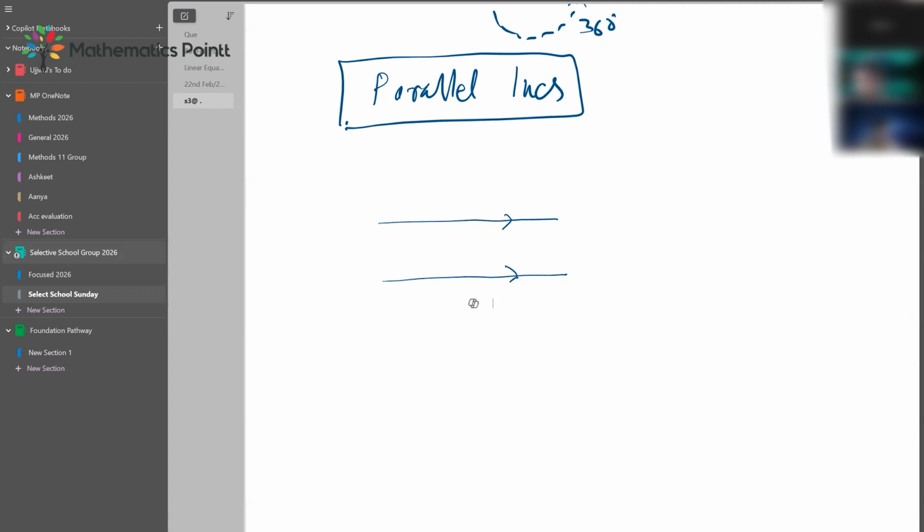Now, number two. Whenever another line cuts these parallel lines, does anyone have any idea what this line is called?